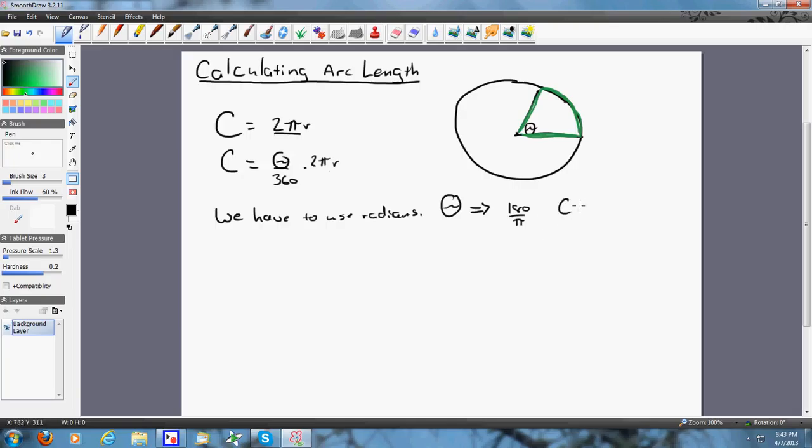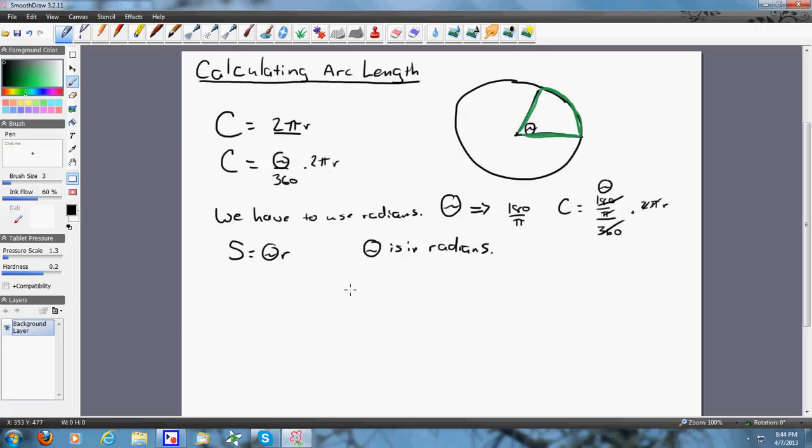So you get your circumference equals 180 over pi over 360 times 2 pi r. Take a look. 180 times 2 is 360. So that cancels out. And the pi cancels out. But this becomes your new theta in radians. So really, your arc length is equal to theta r, as long as theta is in radians.